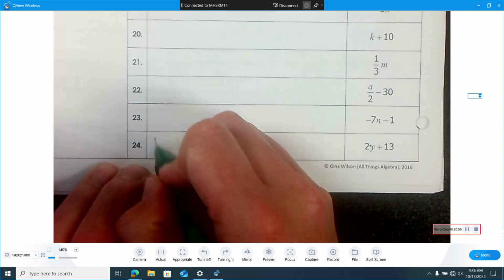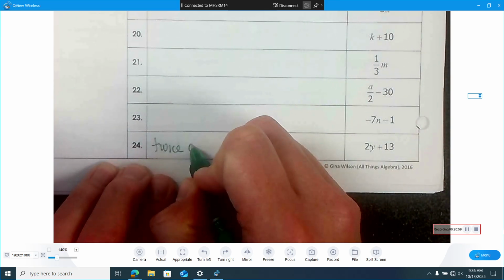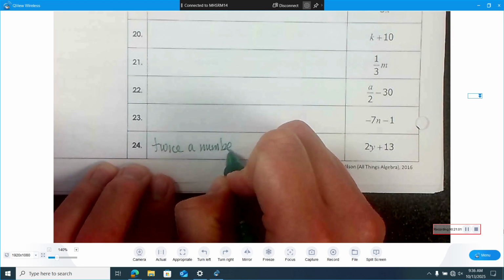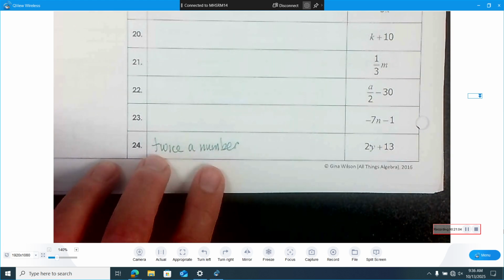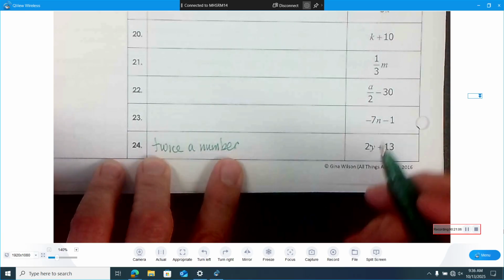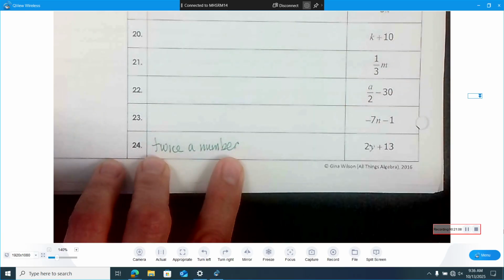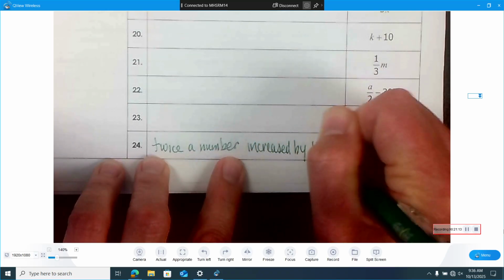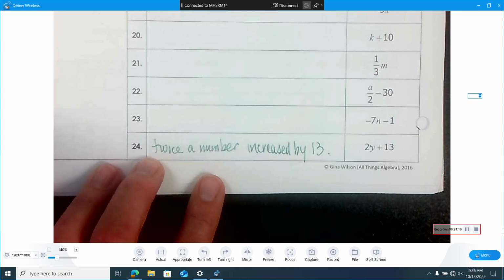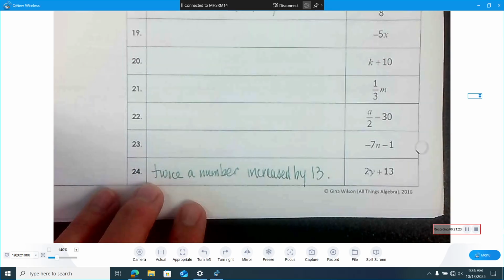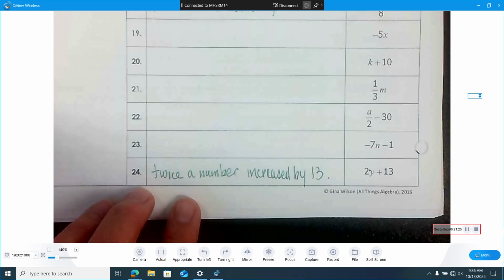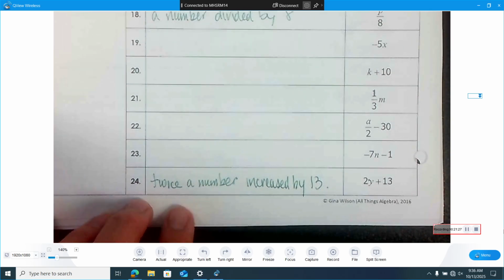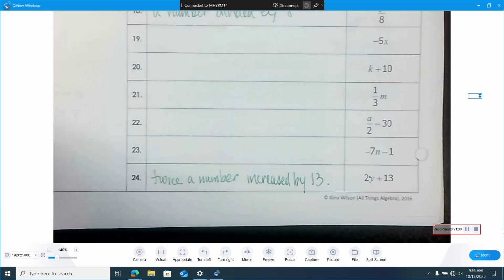How about twice a number? That would be a real slick way to say that. Twice a number increased by 13. We could also say the sum of twice a number and 13. Those are hard, those are tricky. The sum of twice a number and 13, or twice a number increased by 13, all work.